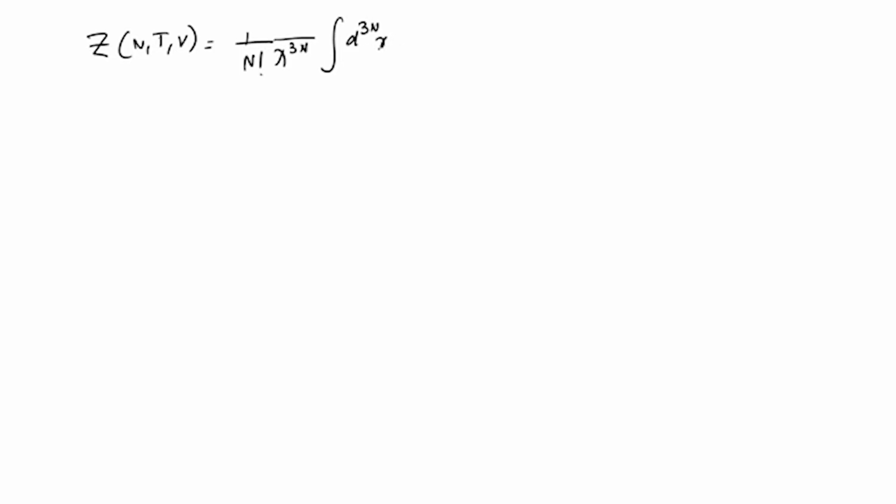So, these 3N are positional coordinates, and exponential of minus beta sum over these i and j of u_ij, and presumably j is greater than i, then we do not need a factor of half.